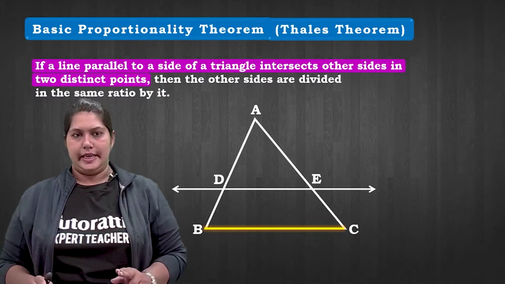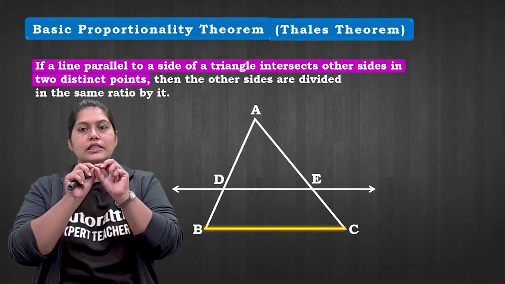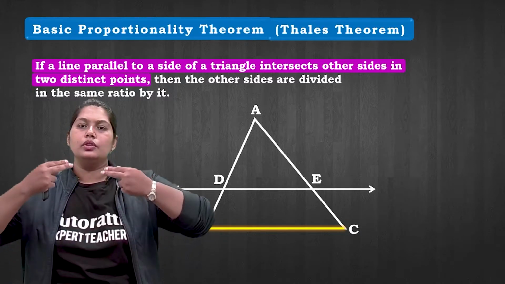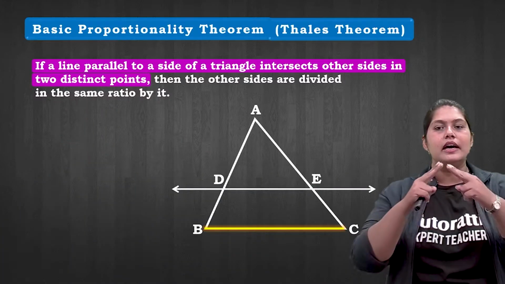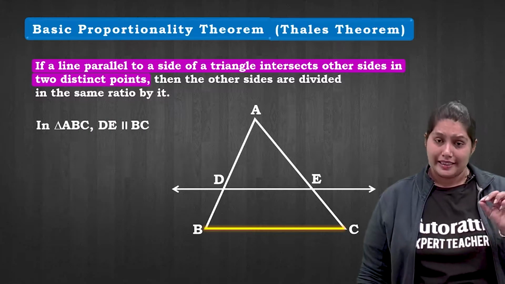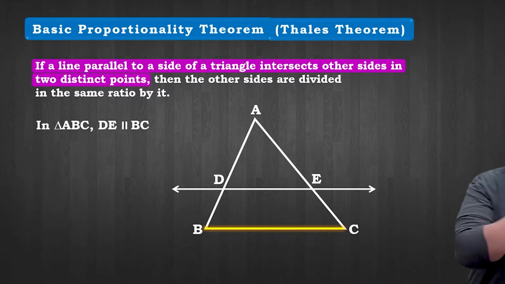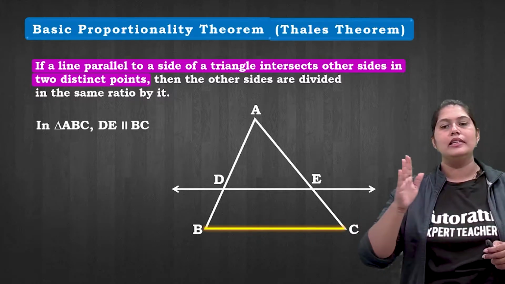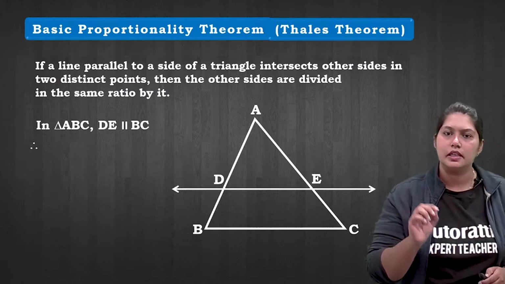So what does it say? It says that if a line is drawn parallel to a side of a triangle, then it divides the other two sides in the same ratio. That means in this triangle ABC, line DE is parallel to line BC. Then what does the theorem say?